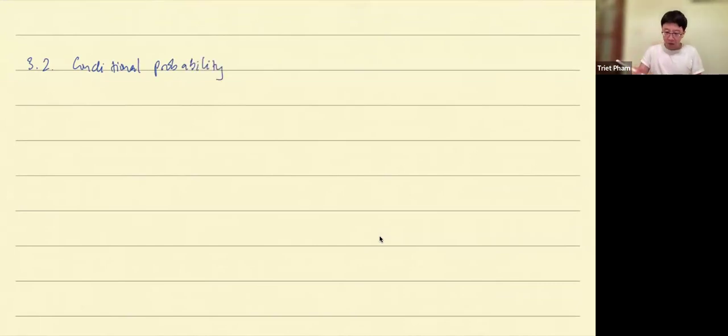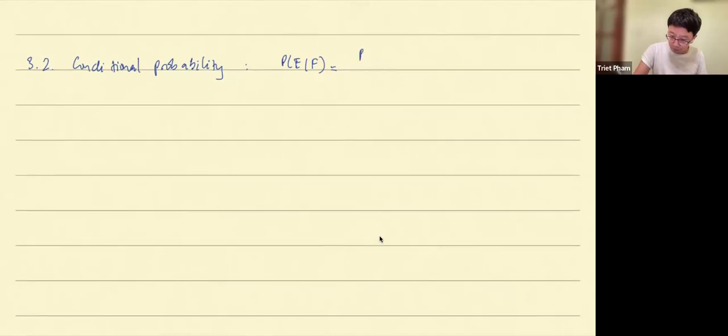And so the definition is that the probability of E given F is P of EF over P of F, if P of F is positive. This is to make sure that we don't divide by 0.